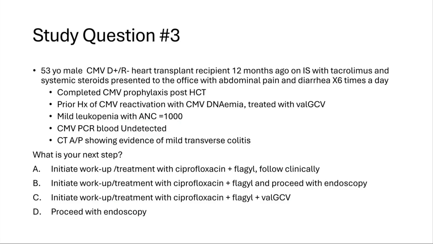He had a prior history of CMV reactivation with CMV DNAemia, which was treated with valganciclovir. At the time of evaluation in the office, you learn that the patient has mild leukopenia with ANC 1000, CMV PCR in blood is undetected, and CT abdomen pelvis shows evidence of mild transverse colitis.